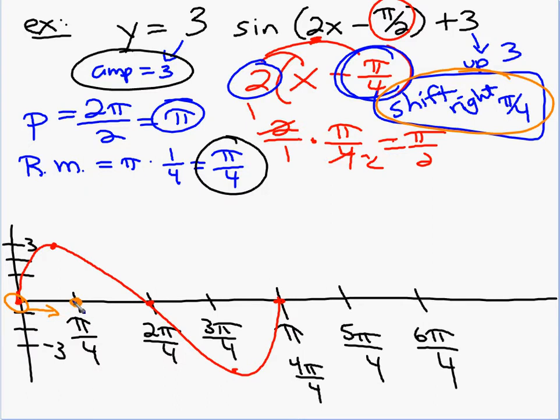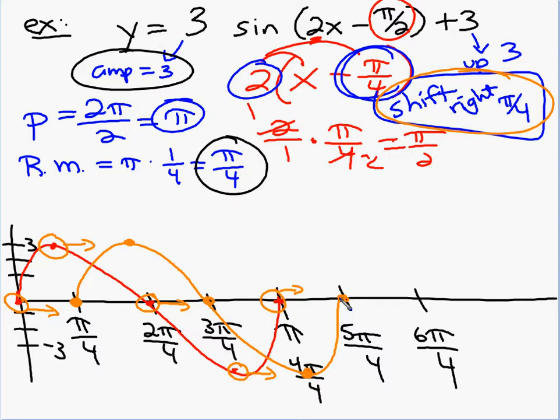And then I'm going to take this point and move it to the right pi fourths to here. This point will go to the right to there. This point will go to the right to there. And this point will go pi fourths to the right to there. And now I can sketch my new graph, which is there.